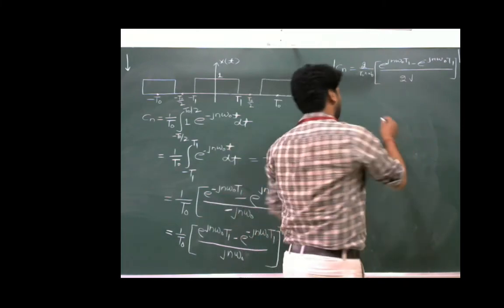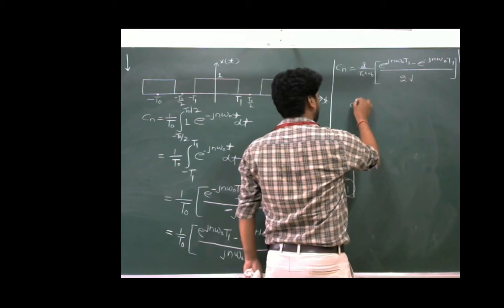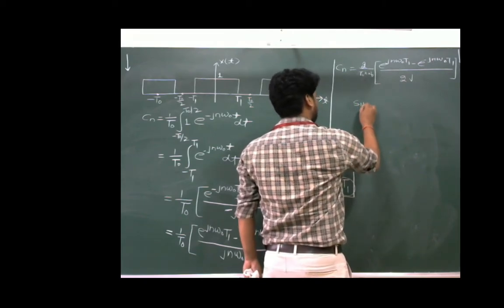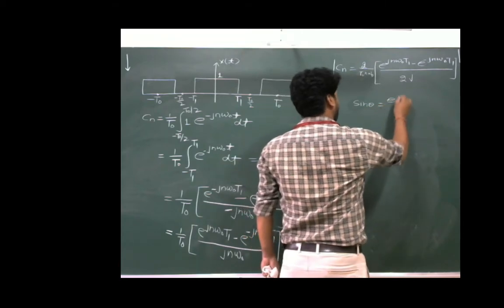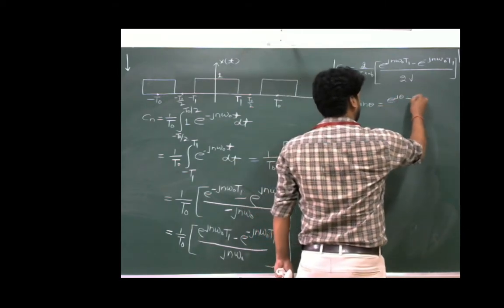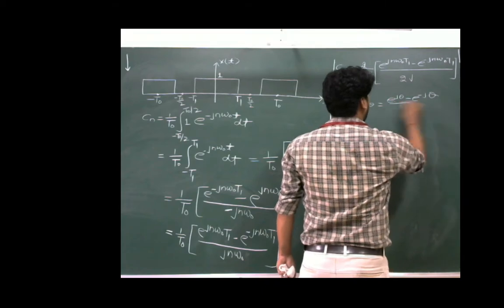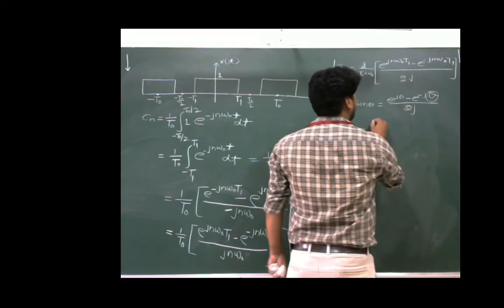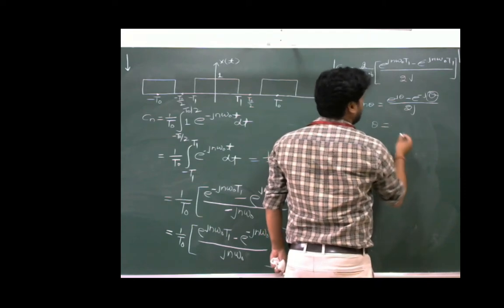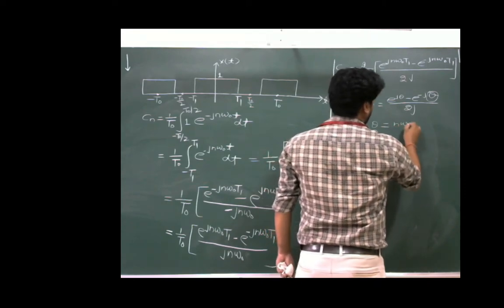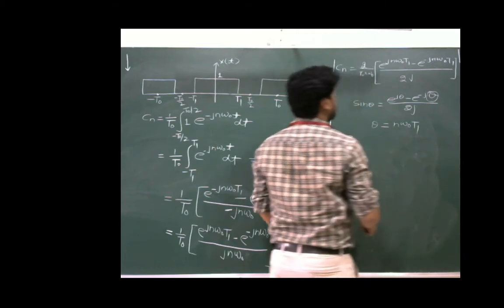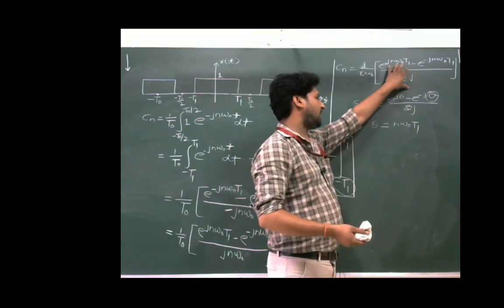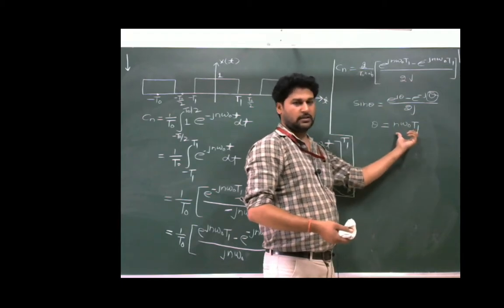And if we remember, sin theta can be written as e power j theta minus e power minus j theta upon 2j. Instead of theta, the value of theta can be compared with n omega naught t1. It means that this will become sine of n omega naught t1 here.